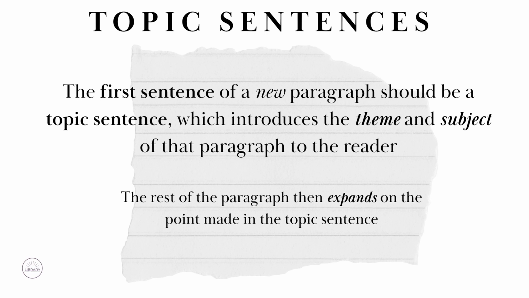This sentence tells you what this paragraph will cover. The rest of the paragraph will expand on the point made in the topic sentence. So, in our example, you would explain more about the link between reducing teenage pregnancy and education.